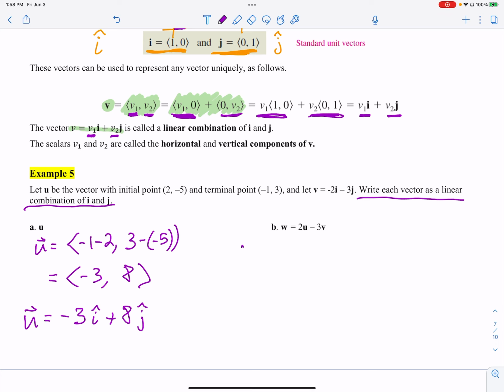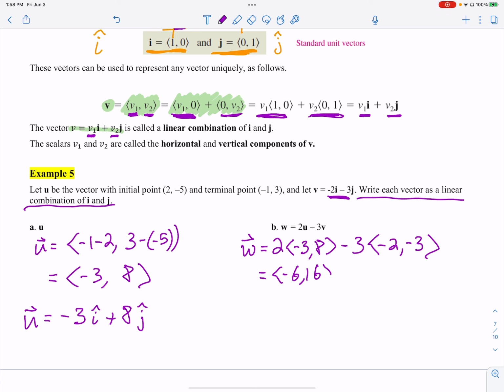Okay, so w, first thing I'm going to do, they define w. I am going to write it out in component form and work it out and then put it in i, j form. So there's u minus 3 v, and I'm going to change v to component form, <-2, -3>. And I'm going to work this out. All right, so I got <-6, 16> plus <6, 9>.